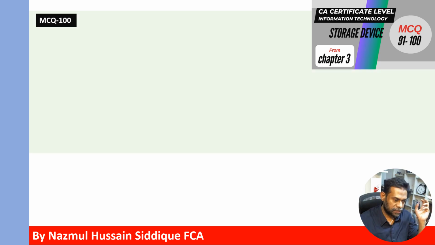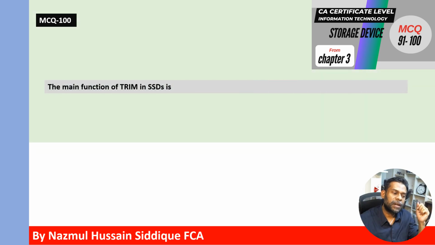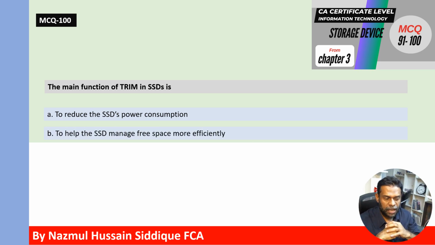Last question of this episode. The main function of trim in SSDs is A, to reduce the SSD's power consumption, or B, to help the SSD manage free space more efficiently.